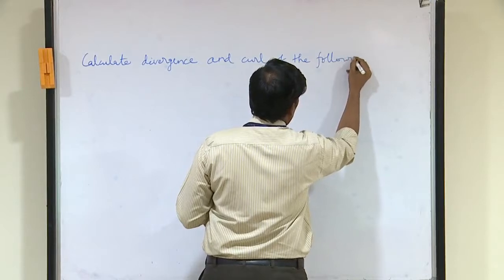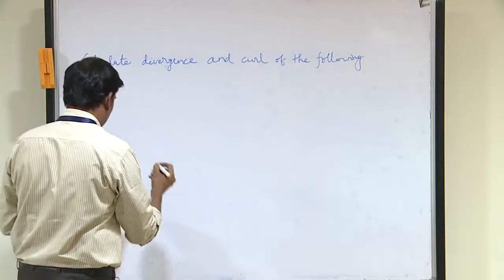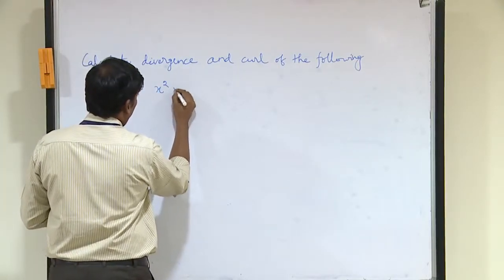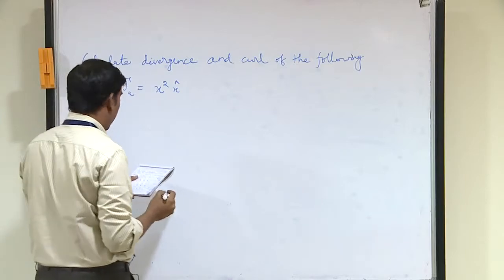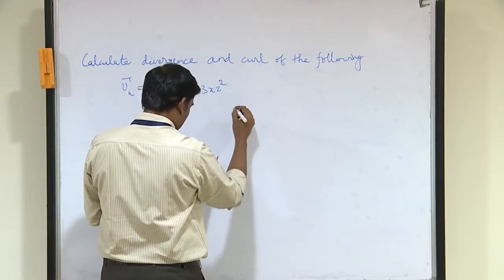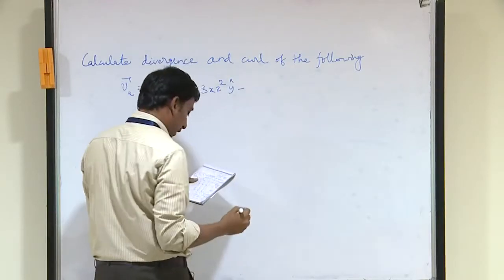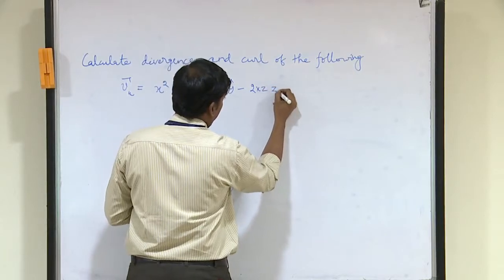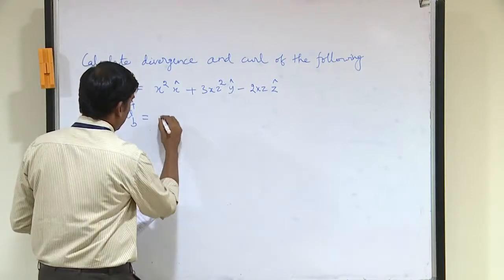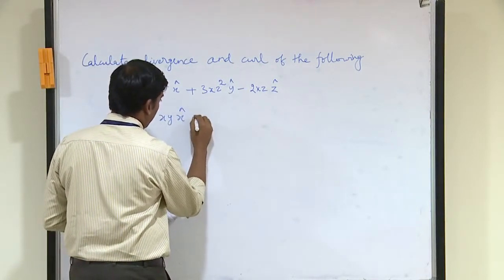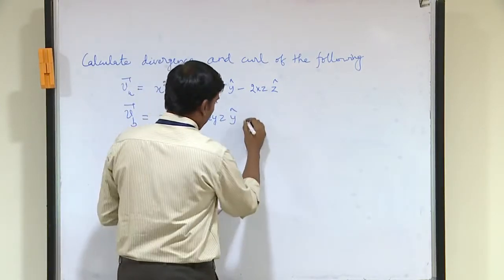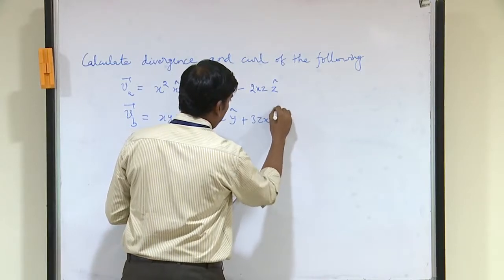Vector A is x square x cap plus 3x z square y cap minus 2x z z cap. Vector B is x y x cap plus 2y z y cap plus 3z x z cap.